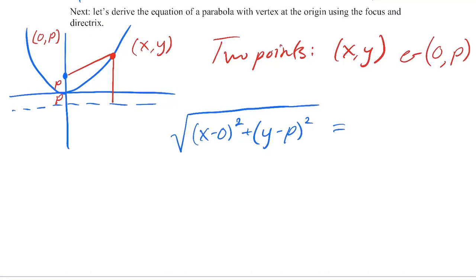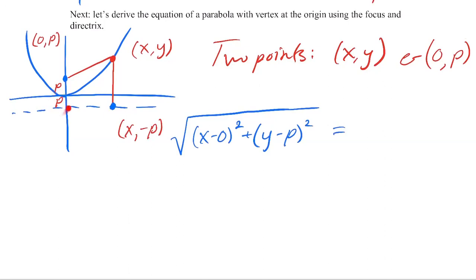So let's get that distance. Well, we again have two points. We know that we're going down to the directrix. And we know that if we were to look at this point, it's got the same x-coordinate as our point up on the parabola. So it would be at x. And the y-coordinate here is negative p because we have dropped p units below the x-axis.